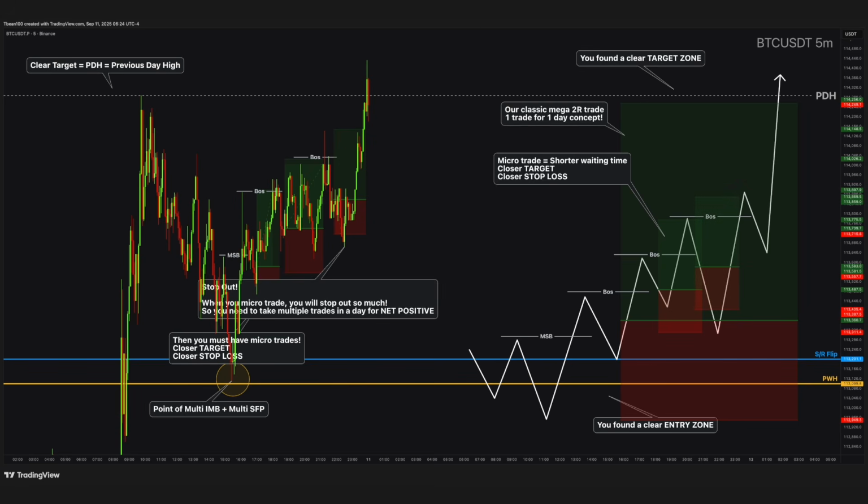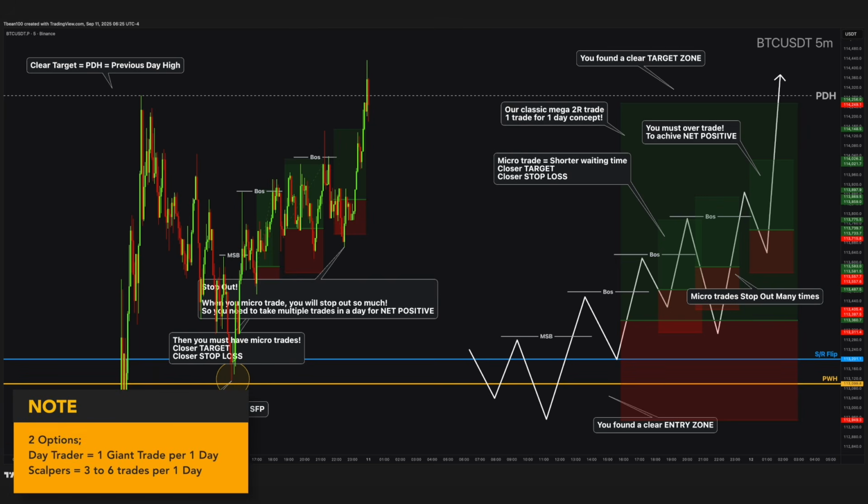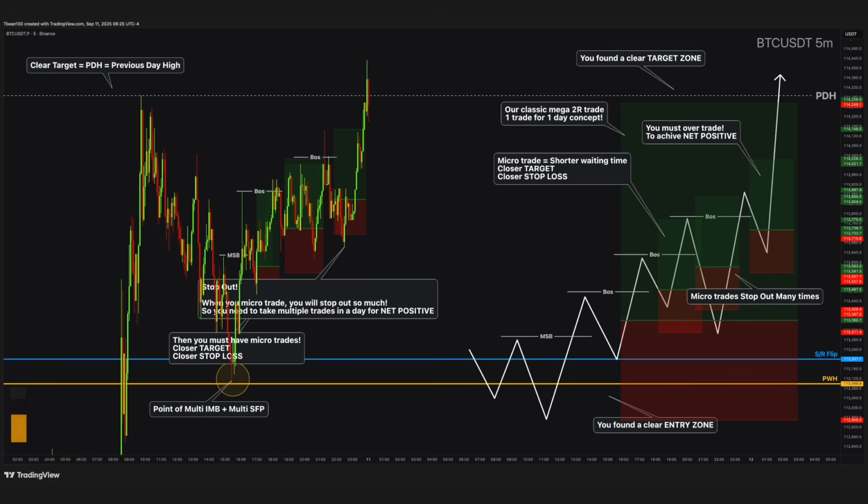And instead of waiting for one large move, you start taking micro-scalping trades along the way, each with smaller targets and tighter stop losses. But as I mentioned earlier, micro trades come with a major problem. You will get stopped out too often. So the only way to make this work is by taking at least 3, 4, maybe even 5 or 6 trades in a single day, so that overall you can still achieve a net positive result with these micro-scalping techniques.